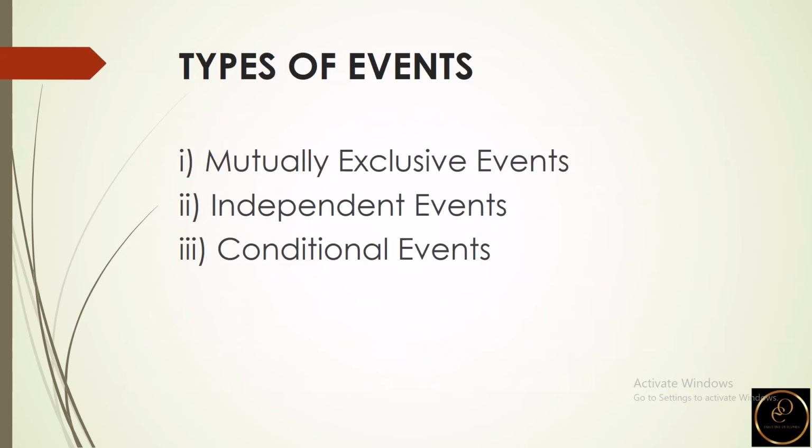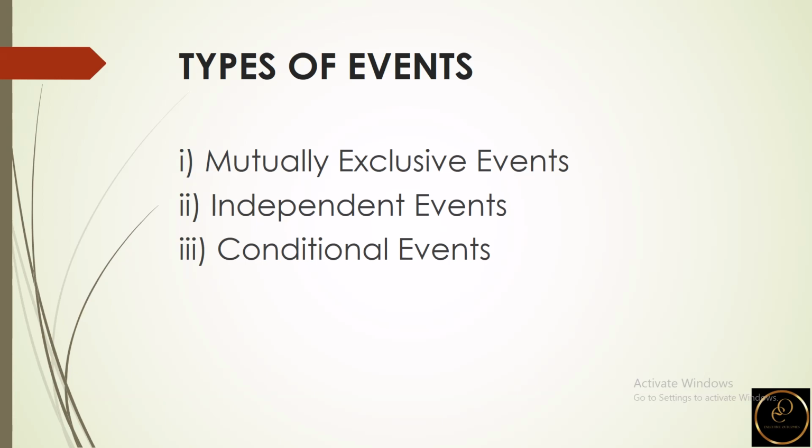Okay, so now we also need to look at the types of events. What type of events do we have? The events can be categorized into the following. One, there are those events which we call mutually exclusive events.